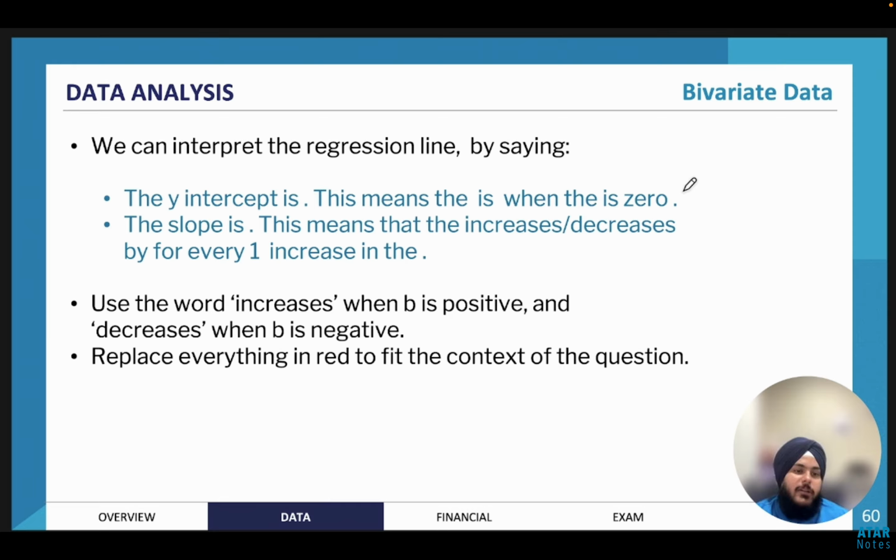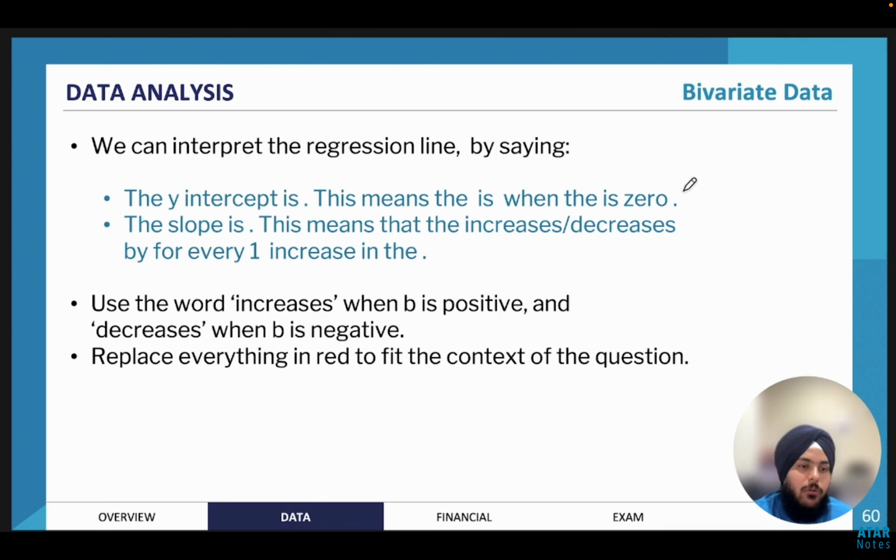In terms of interpreting the slope, the way you can interpret it is how much the response variable is increasing or decreasing for every 1 unit increase of the explanatory variable. This will be really useful for determining if the y variables are increasing or decreasing over time.